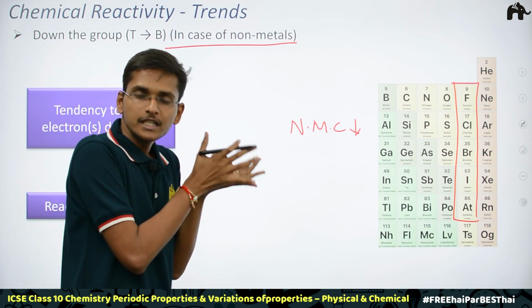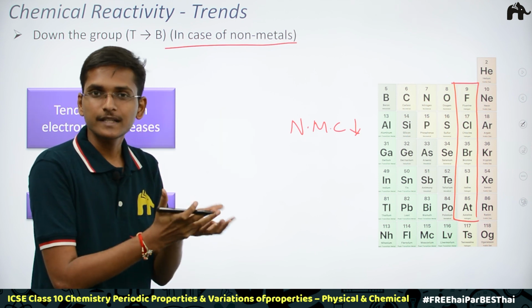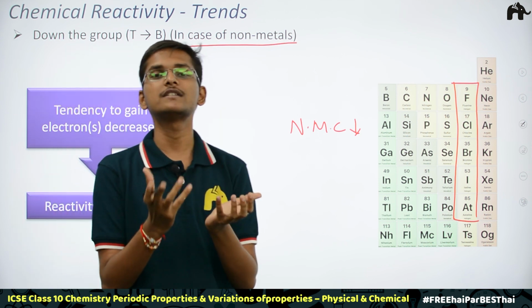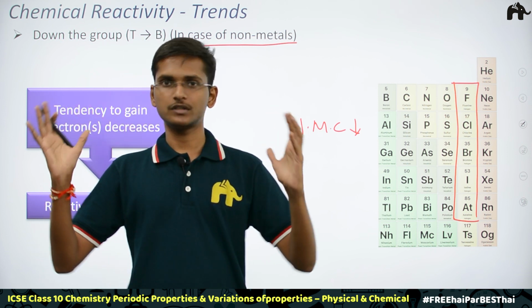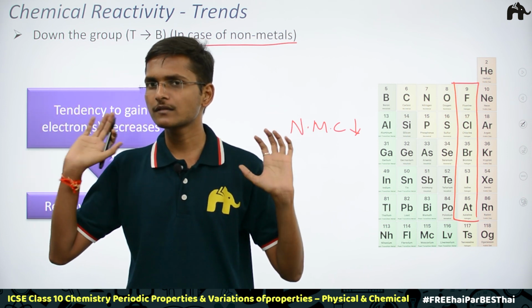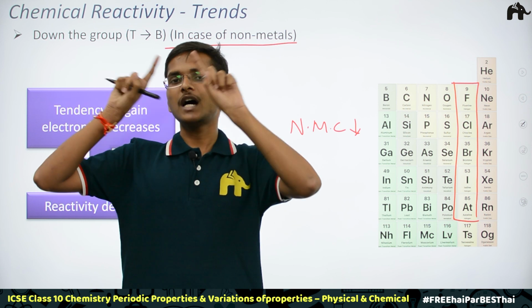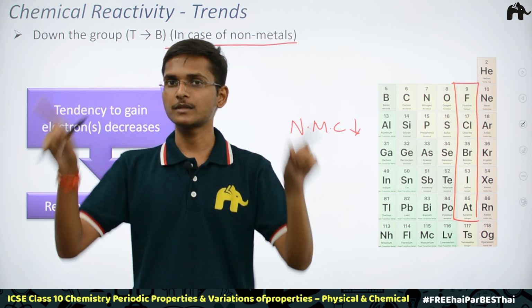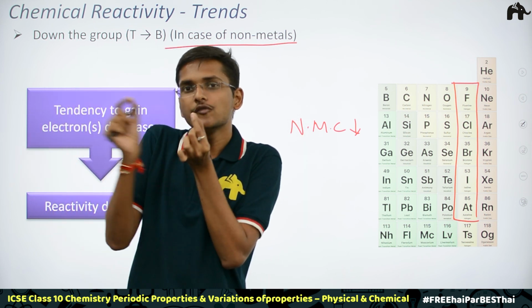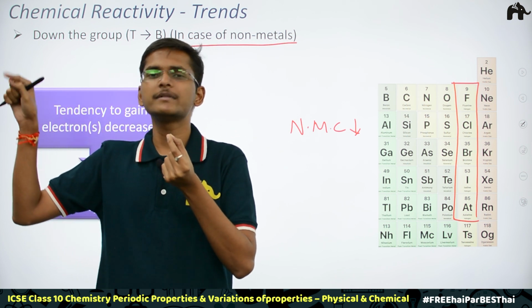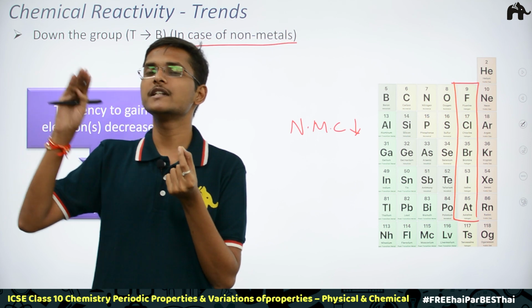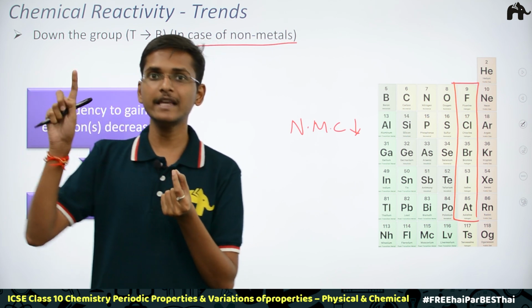Now, if the net effect is because of the increase in the atomic size, what is the effect of the increase in the atomic size then? We have to just remember that. When the atomic size is increasing, just imagine the electron is moving farther and farther from the nucleus, which means that the outermost shell is also moving farther and farther from the nucleus. So the nuclear influence on the outermost shell would be lesser and lesser. So when the electron would come near the outermost shell, it would be difficult for the atom to gain that electron.